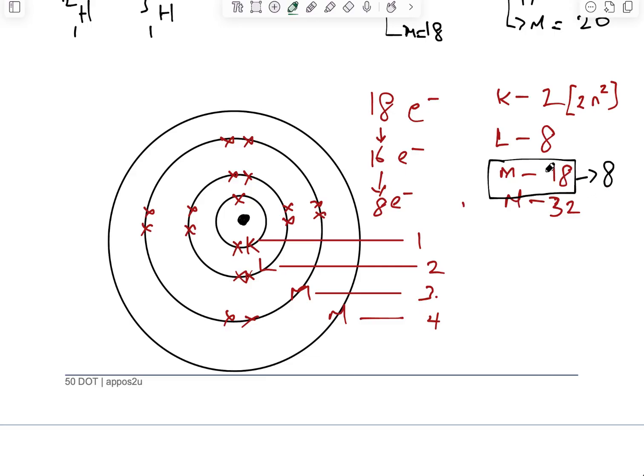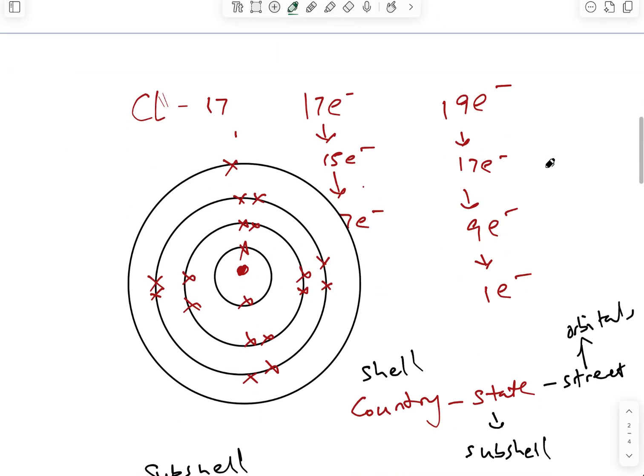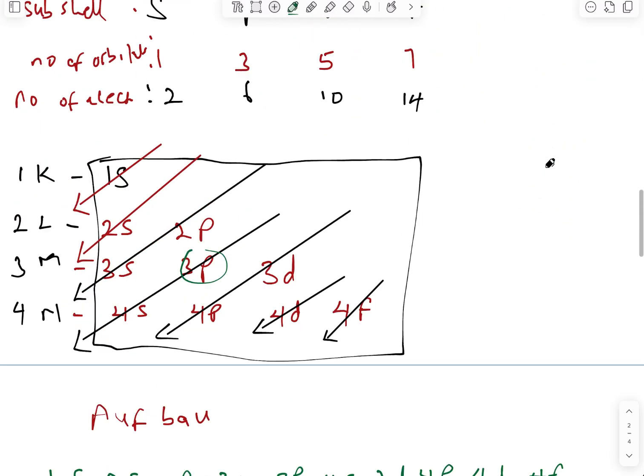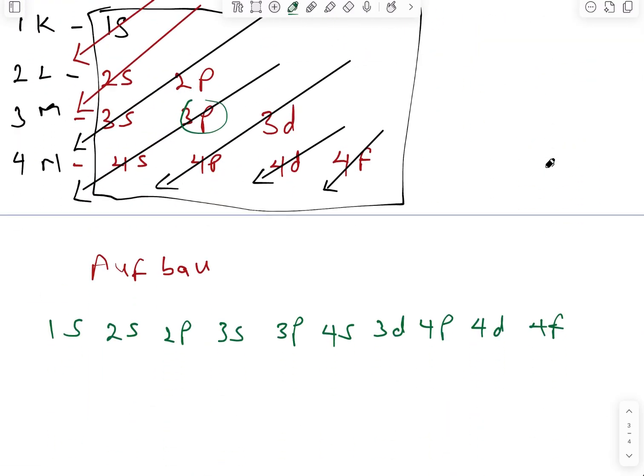Why is it so? Bohr's principle is going to explain it to us. Let's pick the highest element in the first 20 elements, in terms of atomic number, and that is the element with number 20.